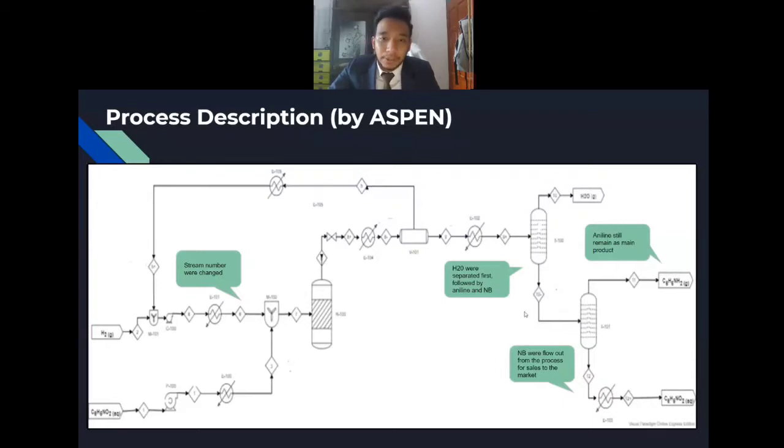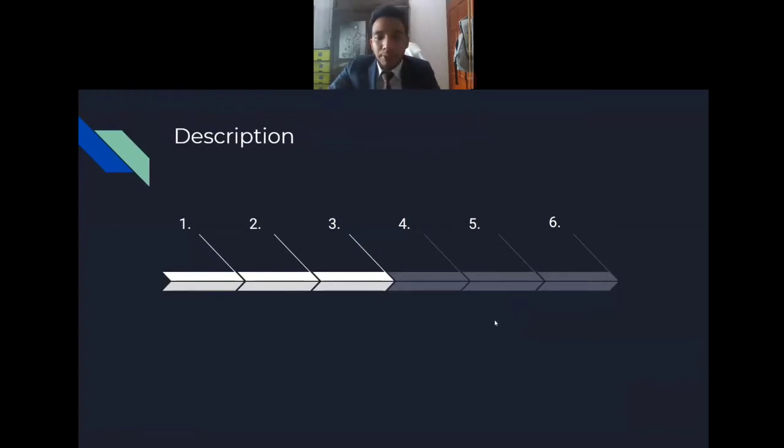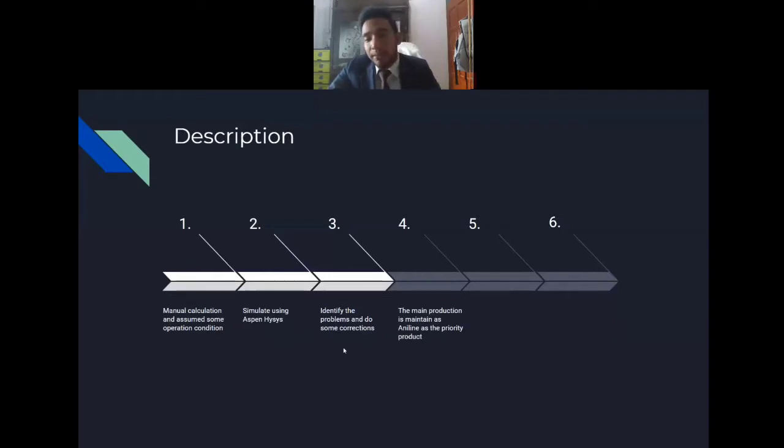So this is the description of what we have done throughout the plant design project. At first, we did some manual calculation and assumed some operating conditions for the unit operations. And then we simulated using Aspen HYSYS. Then we identified the problems and made some corrections. Aniline remains the main and priority product.